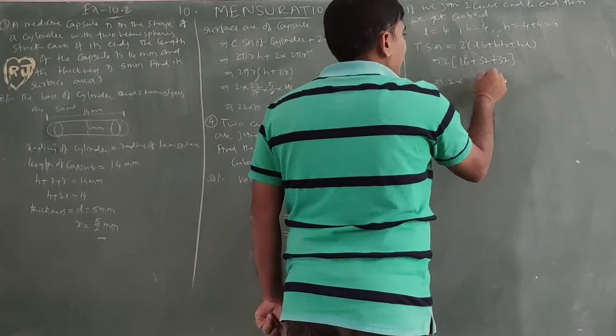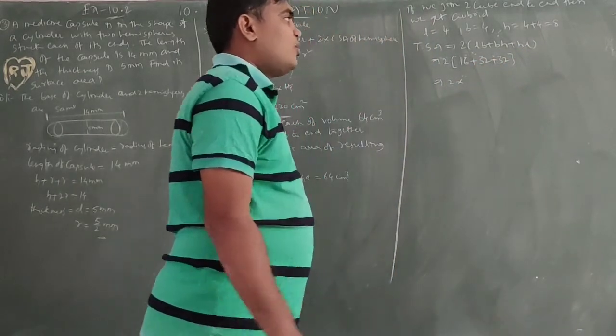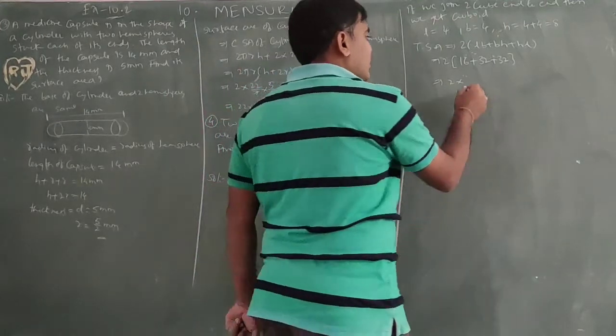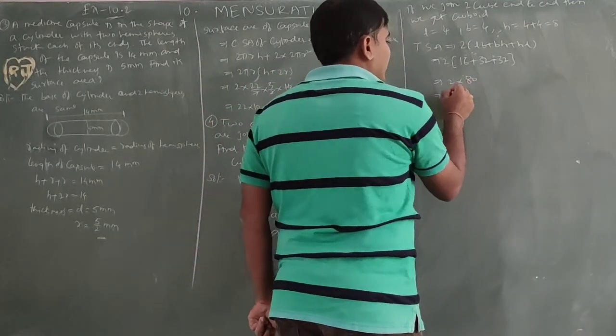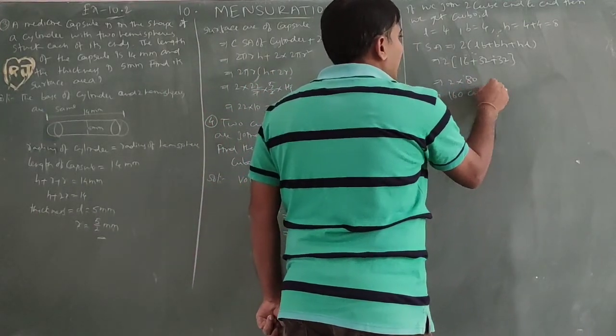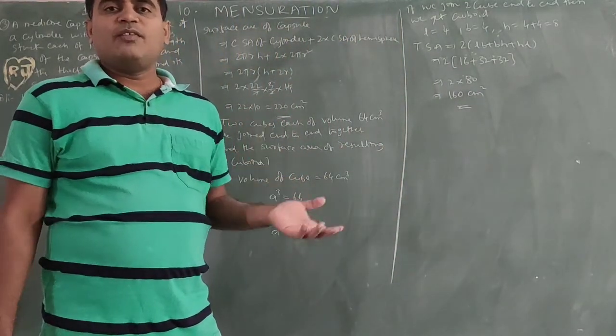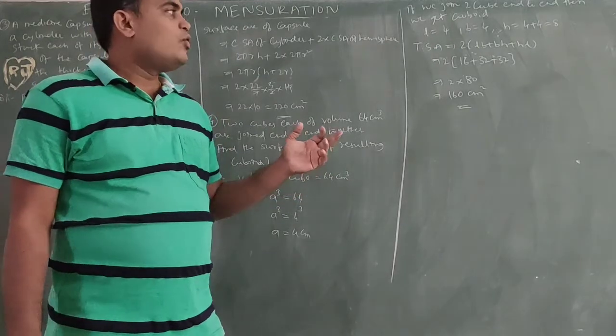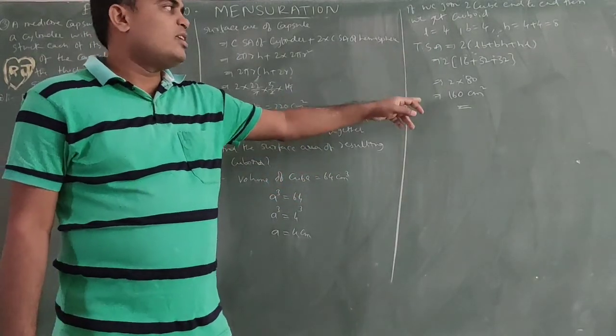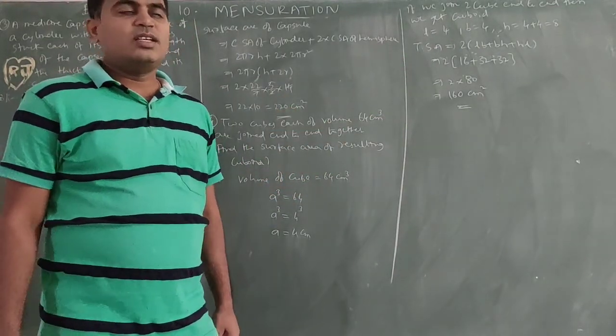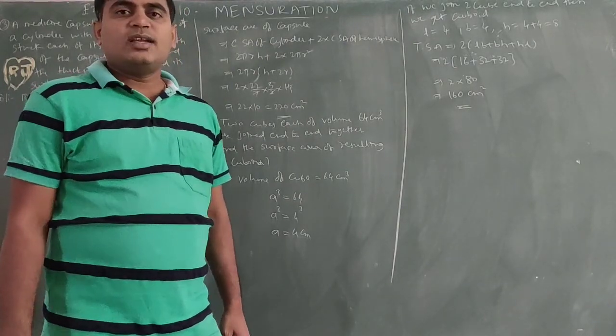So 32 plus 32 is 64, plus 16 is 80, and 80 into 2 gives 160 centimeter square. So if we join two cubes, we get a cuboid whose total surface area is 160 centimeter square. This is the required solution.